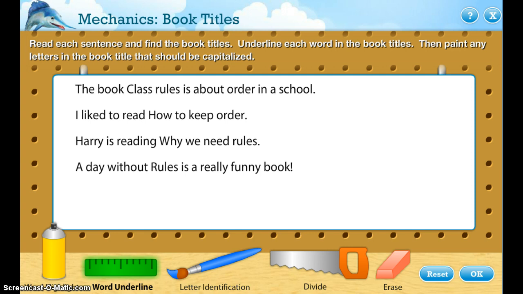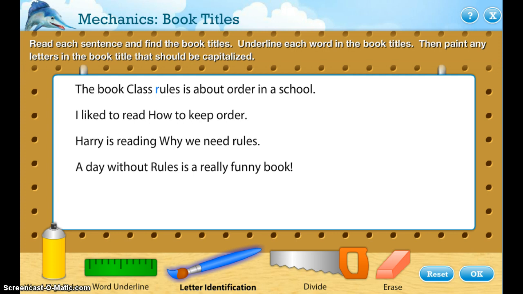Alright, so the title of the book is Class Rules. Look at the word class. Notice how that C is capitalized? Well, we also need to capitalize the R in rules because that is part of the title. So it says to paint the letter that needs to be capitalized.